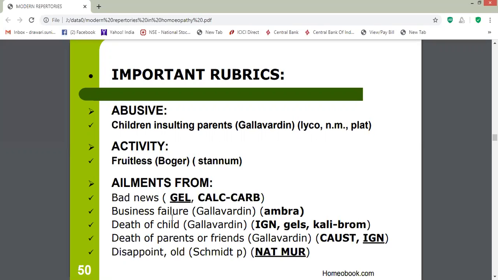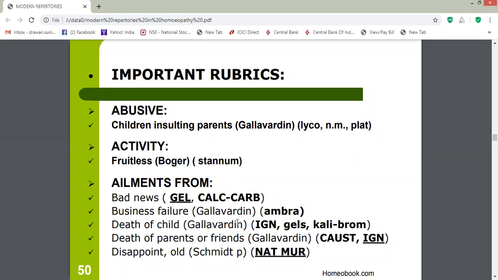Then business failure was taken from Gallaverdin's work. Ambra was given. Death of child was also taken from Gallaverdin's work. In front of that, Ignatia, Gelsemium, Kali bromatum were given. Then death of parents or friends was also taken from Gallaverdin's work, and in front of that Causticum, Ignatia were given.